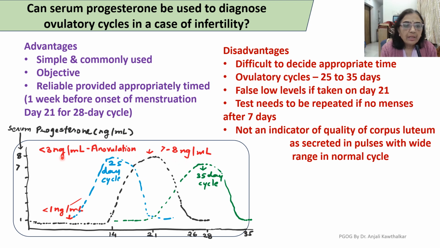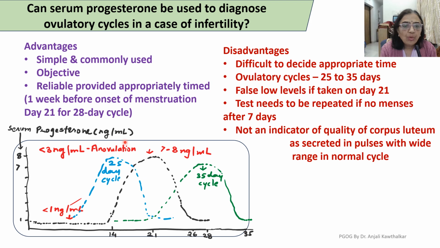Anytime it is less than 3 nanogram per ml, it is suggestive of anovulation. Remember, this is most important. Even the unit is important. Serum progesterone less than 3 nanogram per ml is almost suggestive of anovulation, provided it is appropriately timed. Now the catch here is, suppose a woman is going to have a 25-day cycle and you are doing it on day 21, already there is a fall which has started.